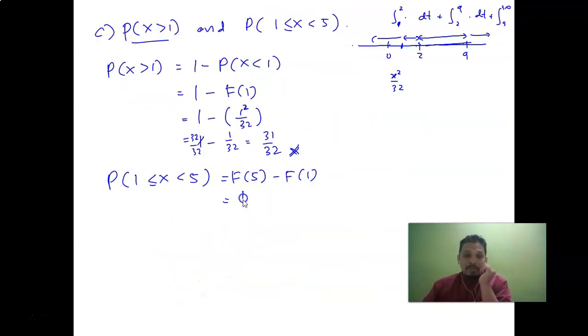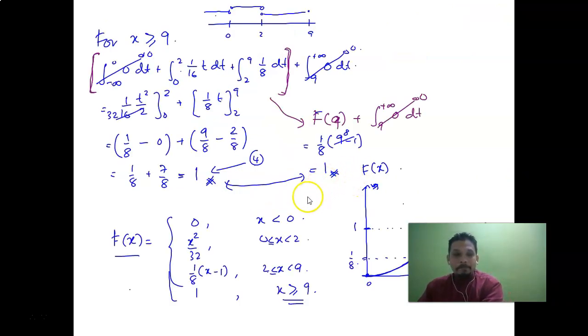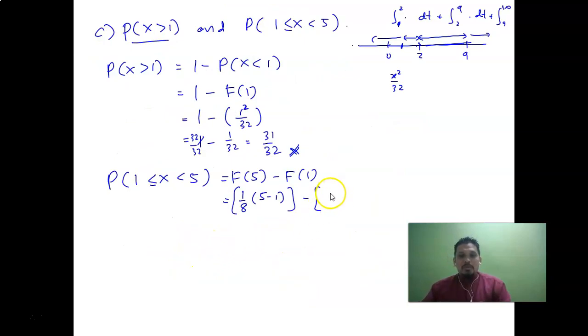So 1 over 8 times 5 minus 1, minus F(1). 1 lies between 0 until 2, and the function is x squared over 32, so 1 squared over 32. 5 minus 1 equals 4, 4 divided by 8.